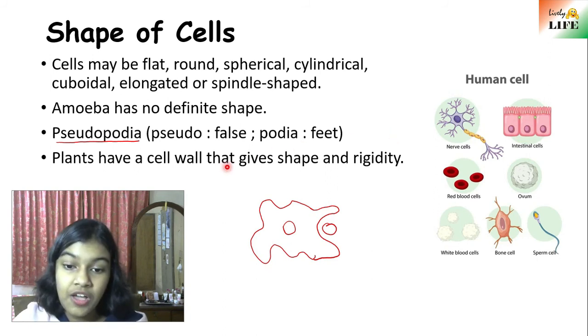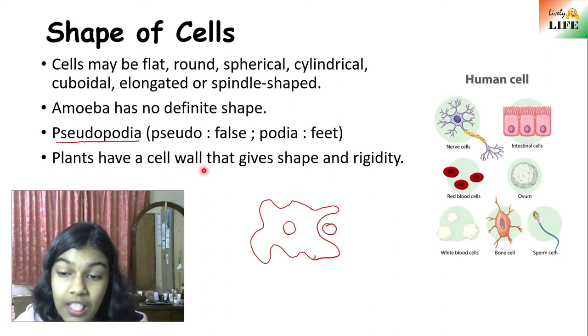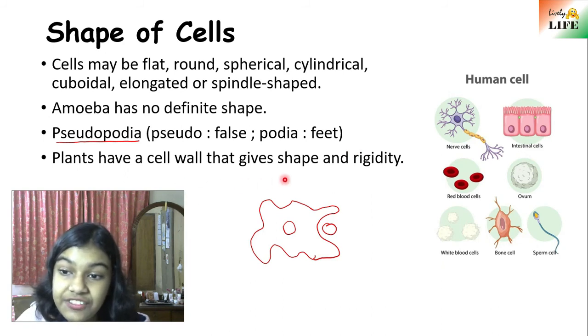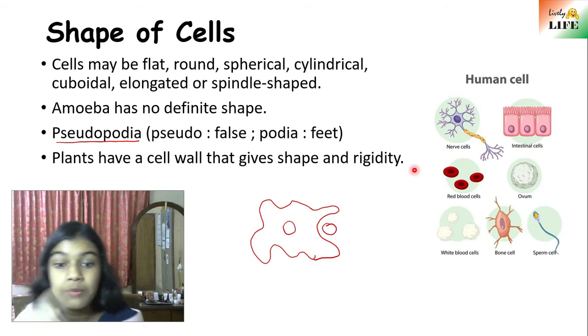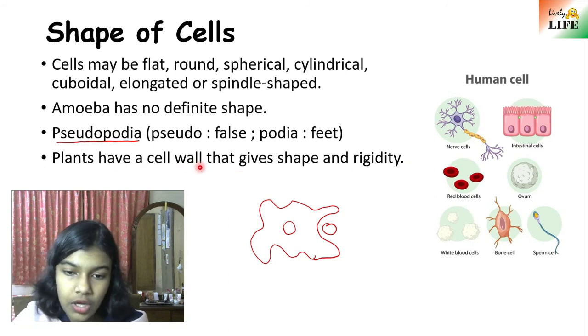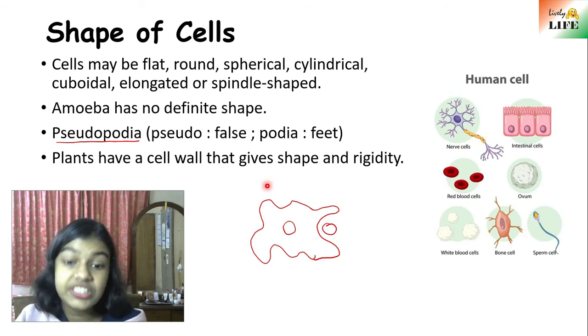Now let's move to plants. What is the shape of plant cells? Plants have a cell wall that gives shape and rigidity. Plants do have a cell membrane, but they have an additional layer known as the cell wall. Plant cells are rigid, right? If you see the bark of a tree, it is quite rigid, it is quite hard. So what makes it that hard?